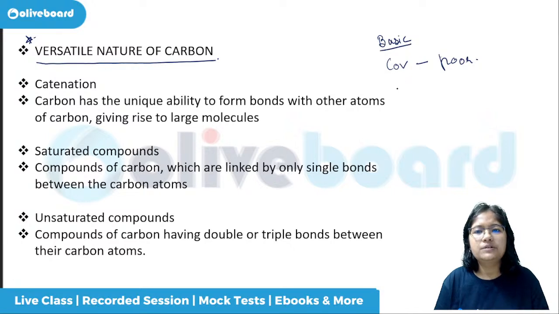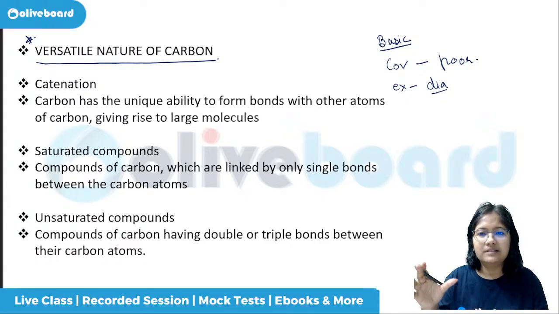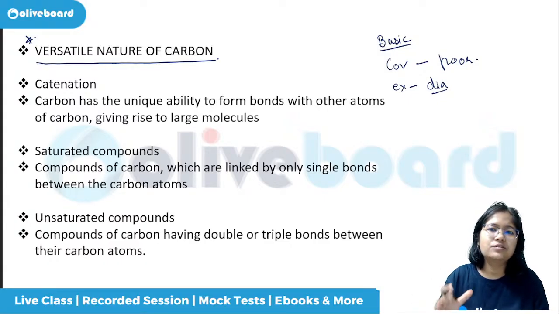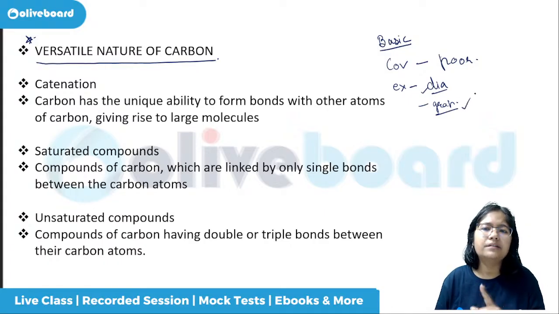Then there are exceptions, where there can be questions. Diamond, though it is in the non-metal category, so it should not be as hard as the metals, but diamond is the natural hardest material. And similarly, graphite is also an exception, because non-metals are not conductors of electricity, but graphite is a good conductor of electricity.